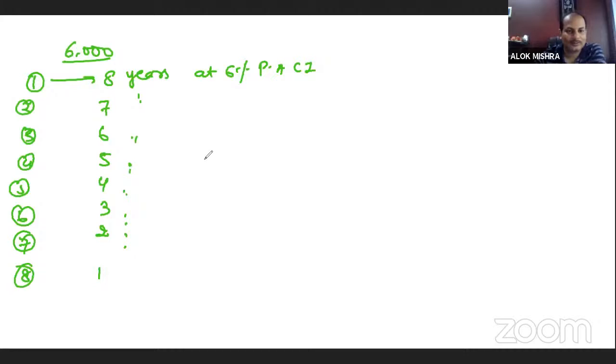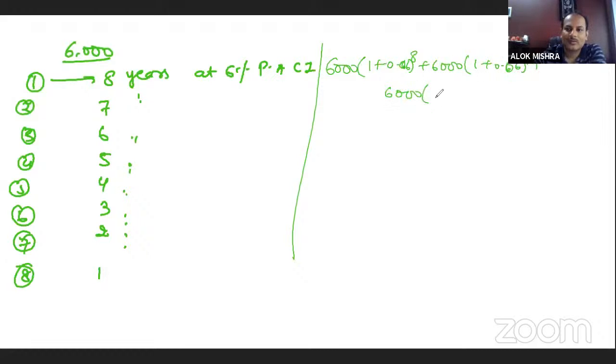Just see this way. It has to be written as 6,000 bracket 1 plus 0.06, 1.06 to the power 8, plus 6,000, 1 plus 0.06 to the power 7, plus 6,000, 1 plus 0.06 to the power 6, plus dot dot dot.